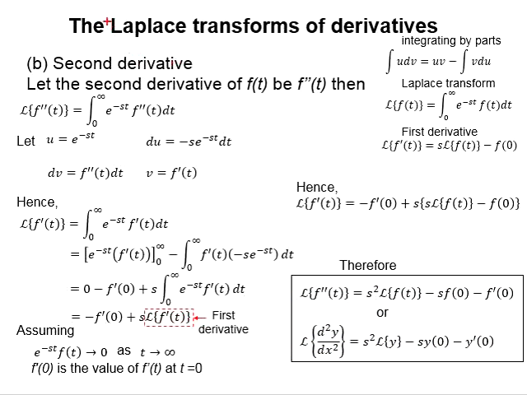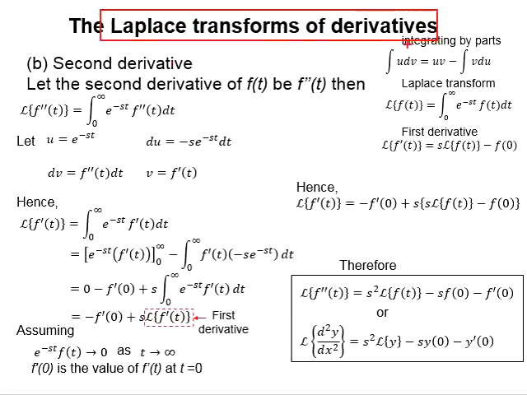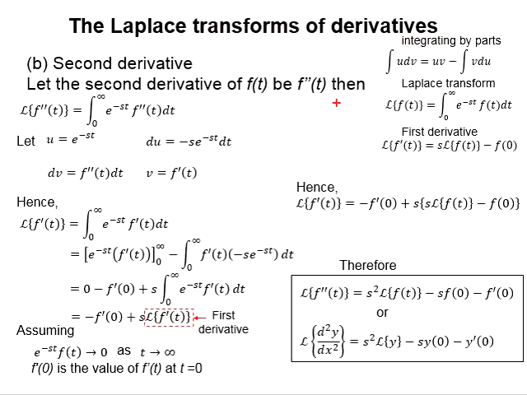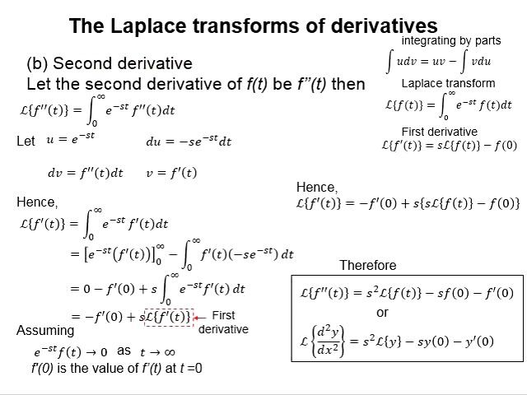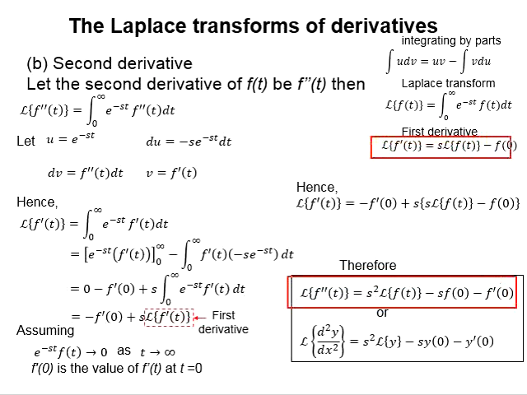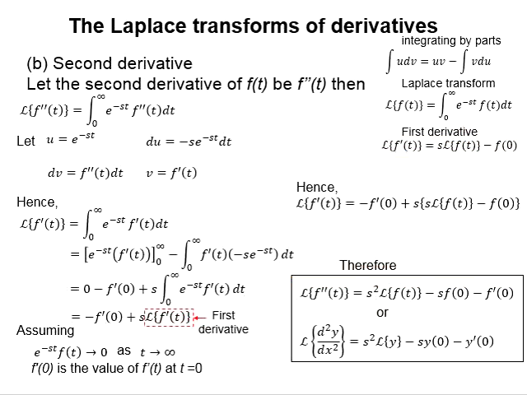With that, the Laplace transform of derivative can be represented by two equations. The first equation is for the first derivative, and the second equation here is for the second derivative. These two equations will be useful for you to solve the following Laplace transform examples.